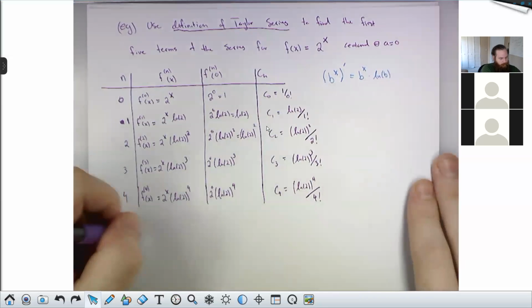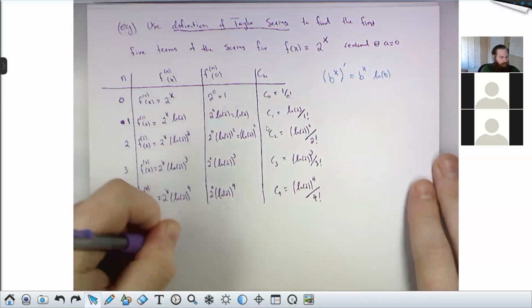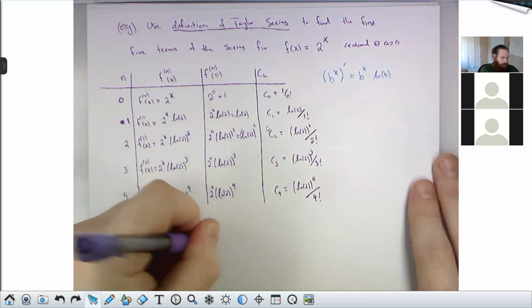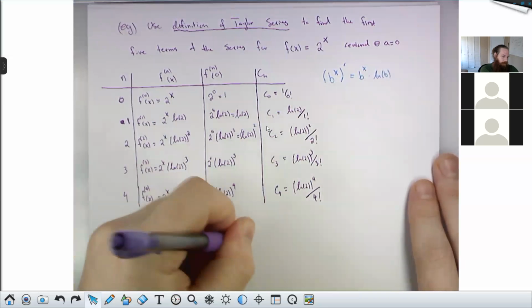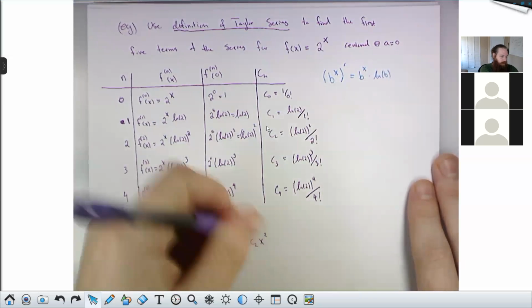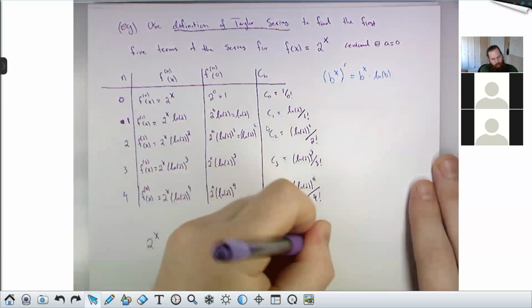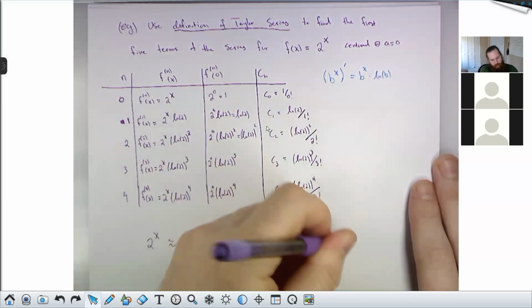So 2 to the x is approximately, the first 5 terms of this series would be C0 plus C1x plus C2x squared plus C3x cubed plus C4x to the 4.